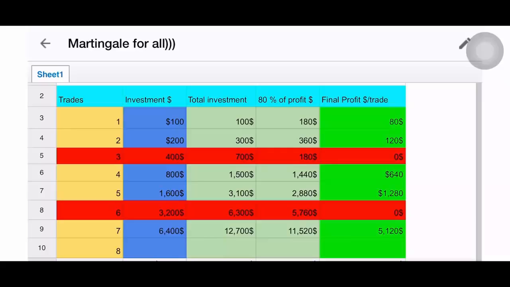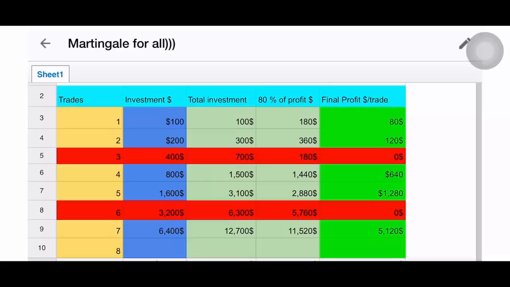So the total income would be $180 if the trade is a profiting trade. So the final profit would be $80 for myself. So what I'm getting is $100 back, my investment, on top of that 80% of 100, which is $80.